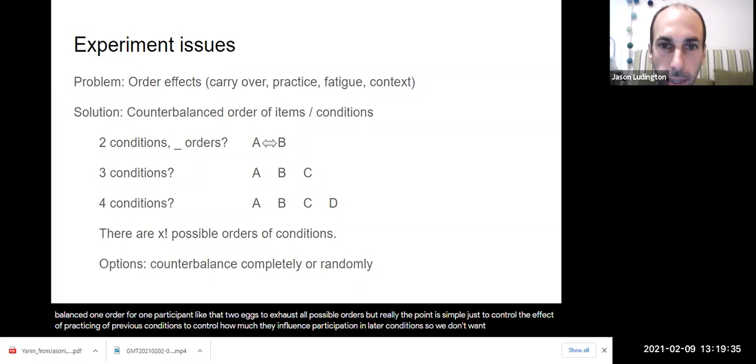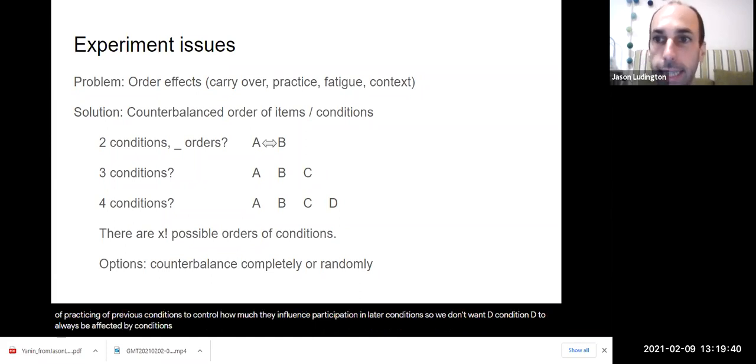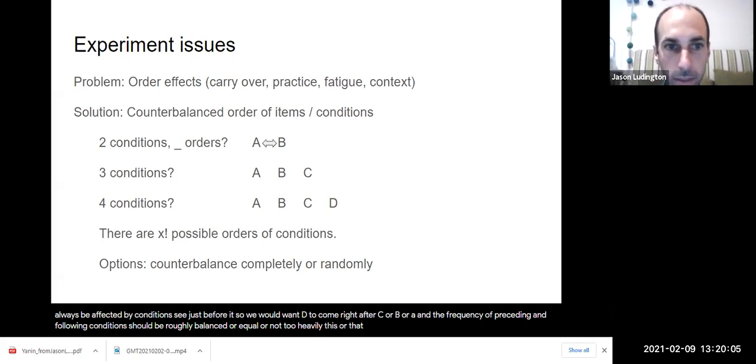So we don't want condition D to always be affected by condition C just before it. So we would want D to come right after C or B or A, and the frequency of preceding and following conditions should be roughly balanced or equal, or not too heavily this or that. Any questions?